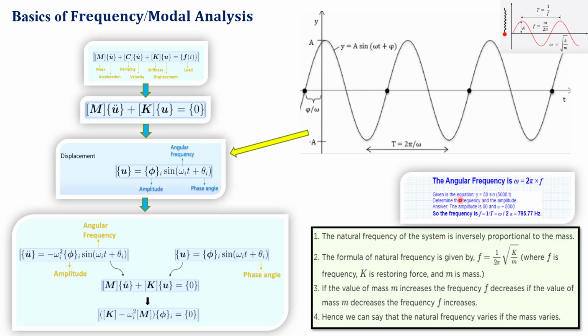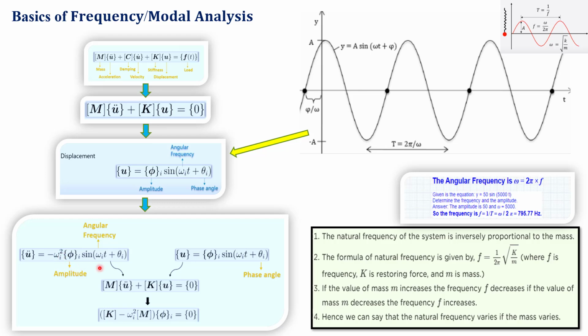Now we have this A sine(omega t plus theta), where A is the amplitude, theta is the phase angle, and omega is the angular frequency. Once we take this, we can take u double dot, and then you have this.